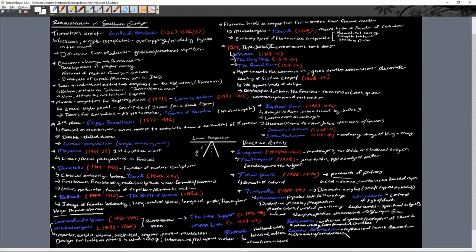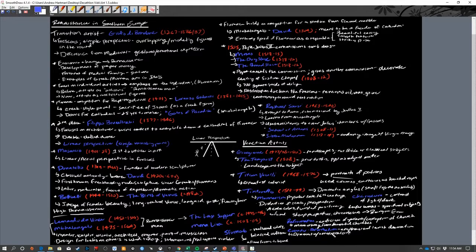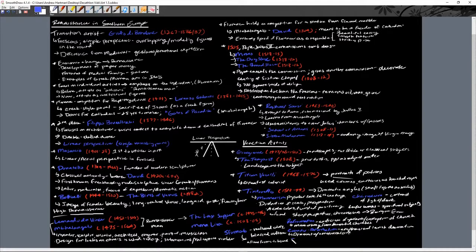Dramatic and emotional art. And the most famous of the Counter-Reformation artists is Dominikos Theotokopoulos, but he is known as the Greek in Spanish, El Greco.